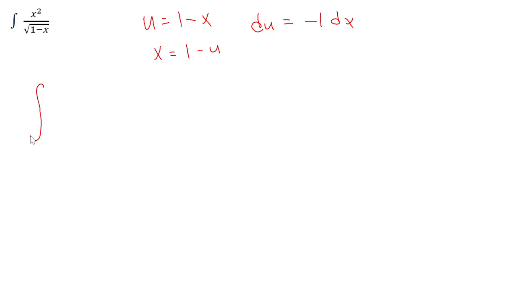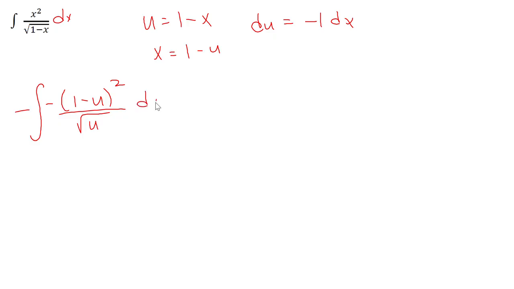Now our x squared will be 1 minus u squared. And then the denominator there is going to be root u. And then we forgot our dx there, but that du should be a dx. We should be able to turn that dx into a du if we put a negative on the inside and also a negative on the outside, right?